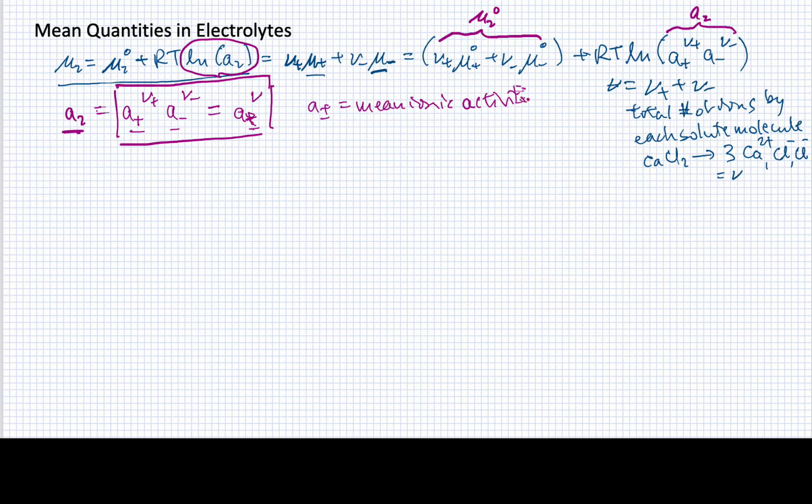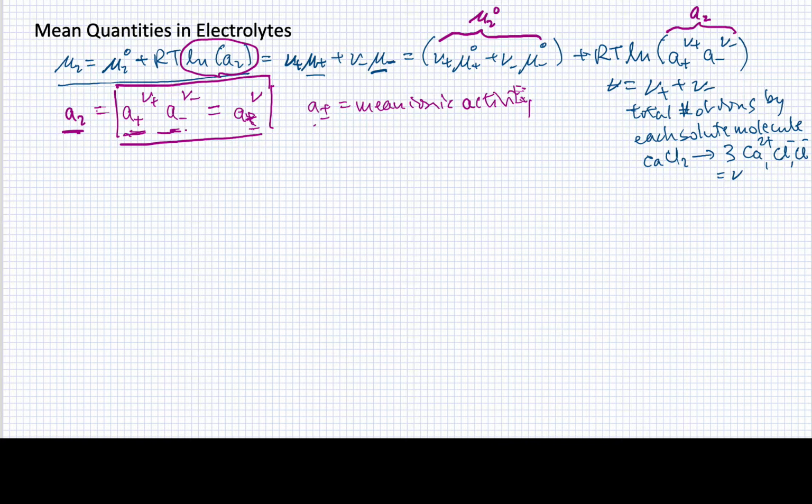In this case, the word mean is not there to indicate a disposition, it's there to indicate an average. So this is in some sense an average of our activities that are due to the plus and minus ions. And I probably should stop underlining them here because it's going to look like a plus or minus that I've drawn here. Okay, so this is A sub plus or minus that is related to these this way.